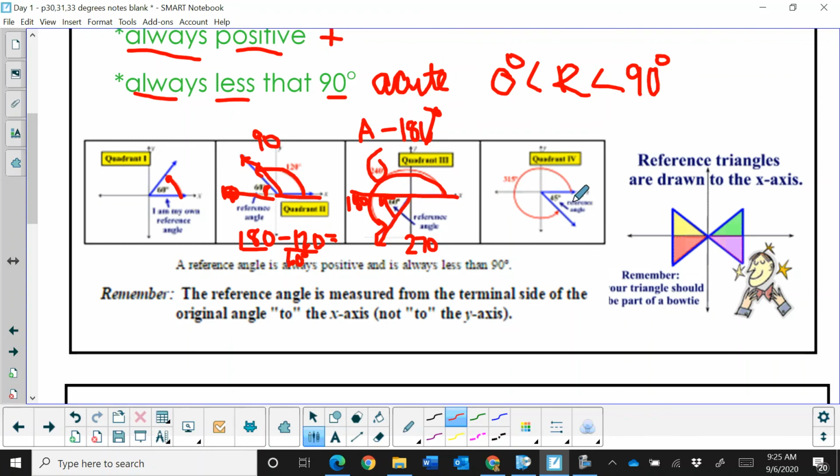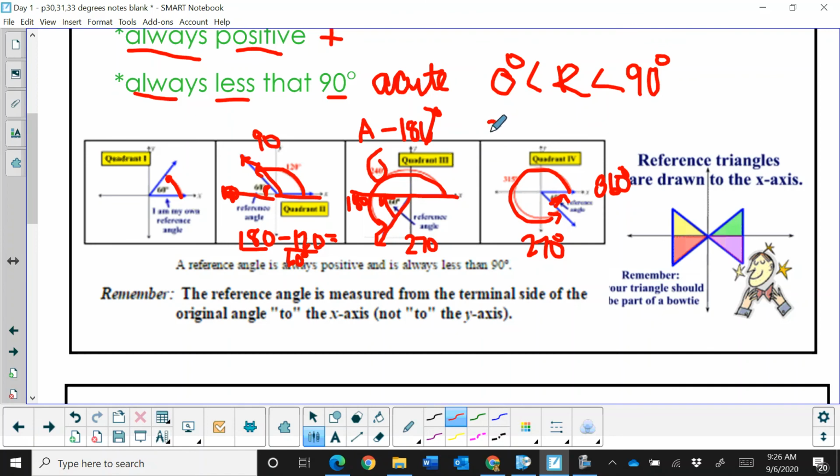Quadrant 4. Quadrant 4, we've passed 90, 180, 270, so it's some value between 270 and 360. Now, how are we going to find this reference angle? Well, we're almost around the circle, so we're trying to define this distance to get all the way around the circle. Well, how do we find that?